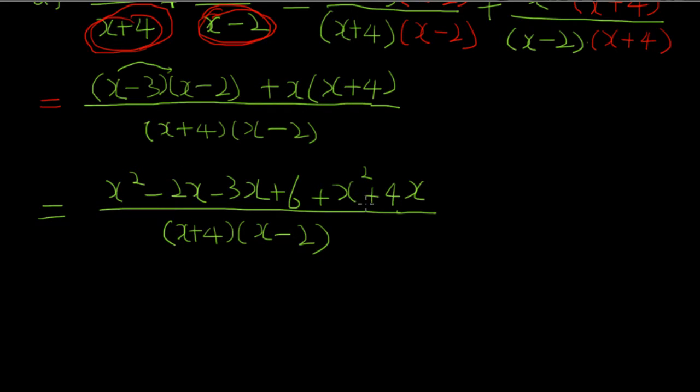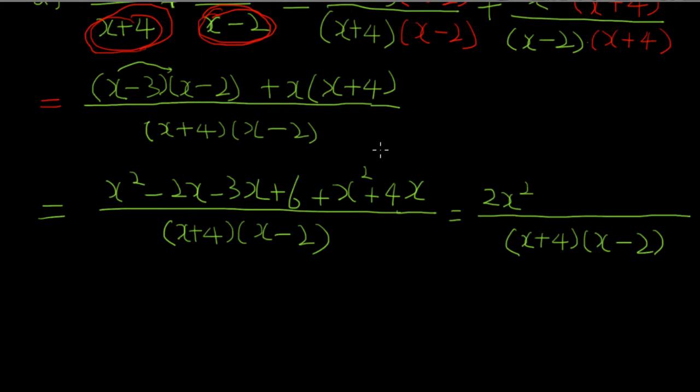Now what we are going to do, we're going to combine the like terms, right? We're going to combine the like terms. Denominator is the same. Now we have x squared and x squared, so it'll be 2x squared.